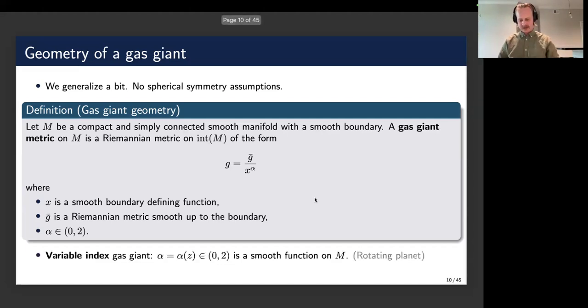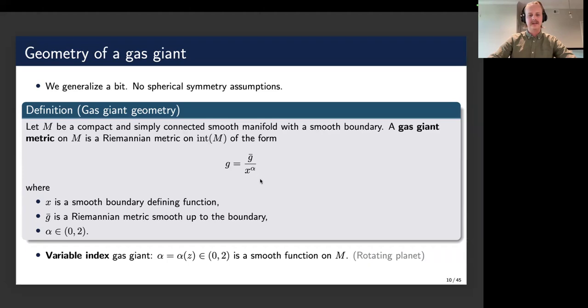And then there's a newer development where you can allow alpha to be a function on the manifold. In a sense, this would correspond to a rotating planet model, because in physics, in those situations you need to allow your polytropic equation of state to vary within the planet.